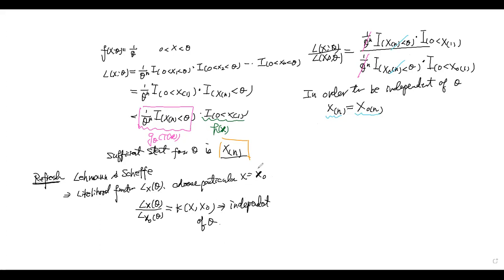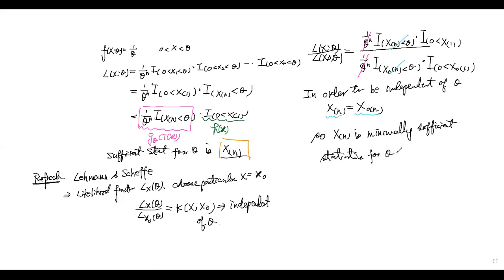That's why we know X(n) is not only a sufficient statistic, it is also a minimal sufficient statistic for theta. For this problem, we used two theorems.